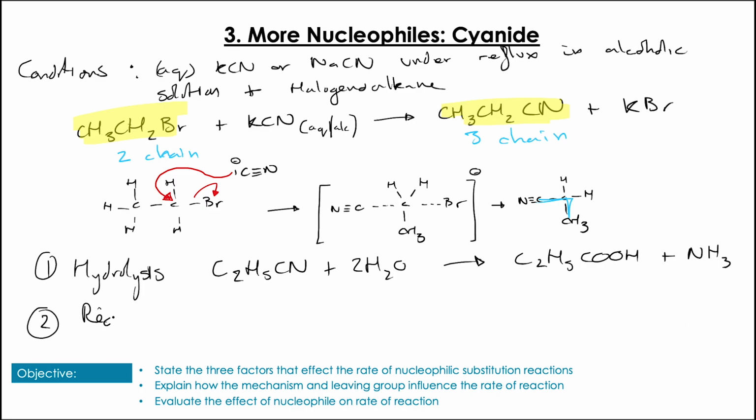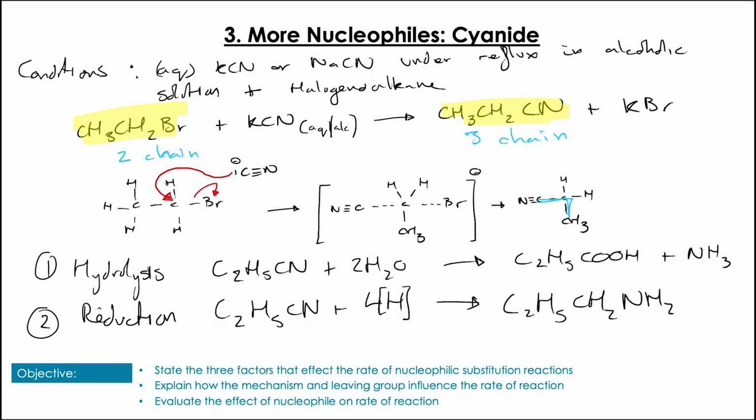We can also reduce this by reacting it with some reducing agent, and that is going to form the primary amine by adding the hydrogens onto the nitrile. We will use a platinum catalyst for that second reaction, and once again, you don't need to know the mechanisms for these 2 reactions, but you do need to be able to recognize that you can do these reactions and the products that would be formed in a larger scheme, but we will cover that more later in the unit.